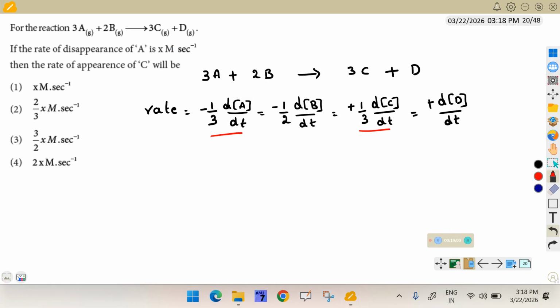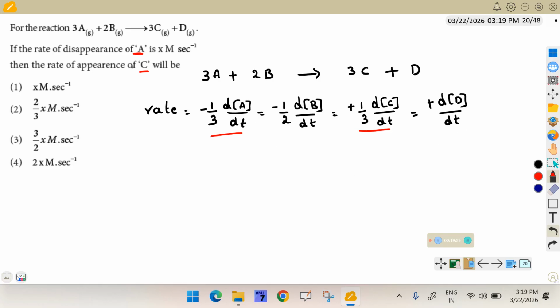For the reaction 3A plus 2B gives rise to 3C plus D, if the rate of disappearance of A is x mole per second, then the rate of appearance of C will be, okay. Here the question is related to A and C only. According to the above equation, rate is equal to minus 1 by 3 dA by dt is equal to minus 1 by 2 dB by dt is equal to plus 1 by 3 dC by dt is equal to plus dD by dt.